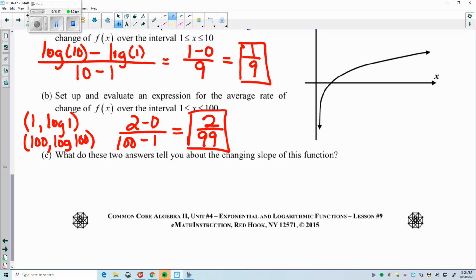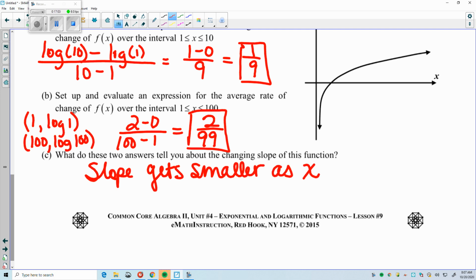And it says, what do these two answers tell you about the changing slope of the function? The function slope is getting smaller. So I could say the slope gets smaller as our x is getting larger. That should make sense.